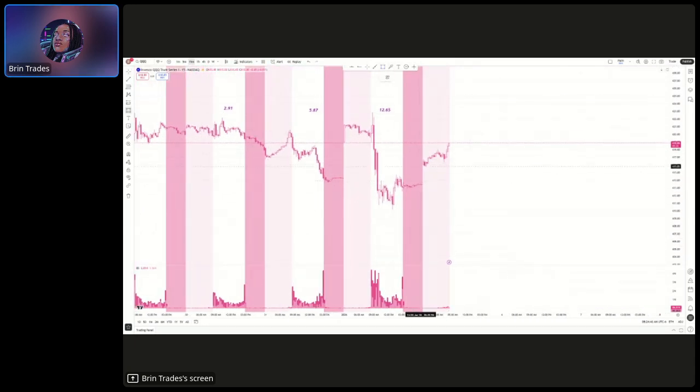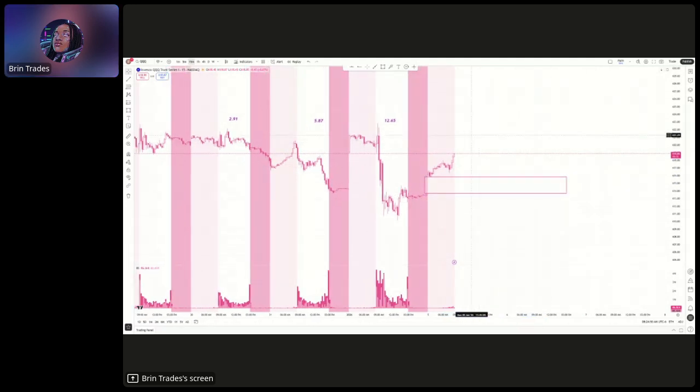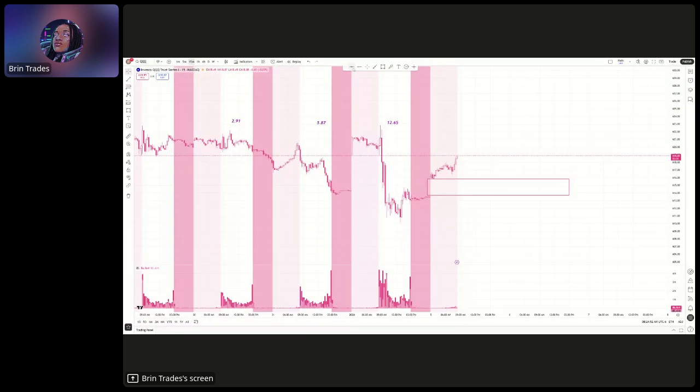So we see that there is a gap right here. Do some price targets, $1.42 above each. So 620. Okay.